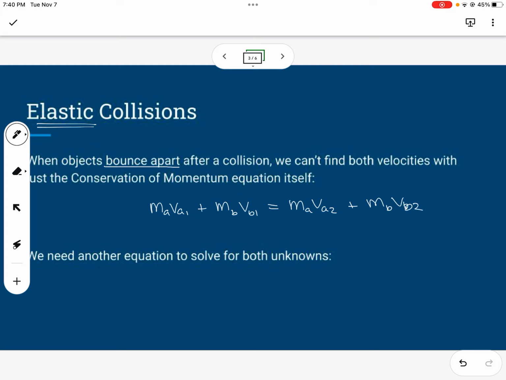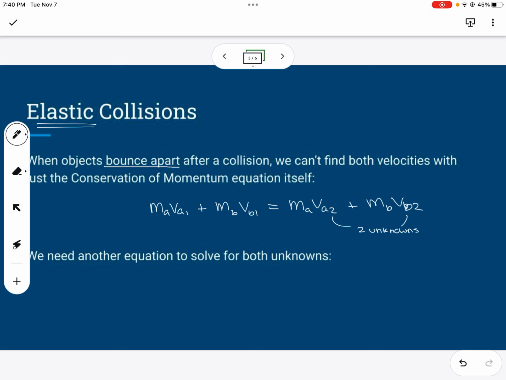Great equation, but what if they're asking for both velocities after the collision? What if we know how to measure the two velocities of the two different objects before the collision, but then they're asking us, okay, well, then what happens afterwards? I have two unknowns right now. Two unknowns, maybe you can guess, I need another equation. Or you could just read the sentence on the slide that says we need another equation to solve for both unknowns.